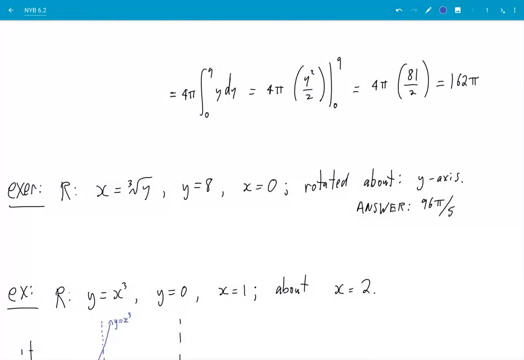Now I'll do an example with a different flavor. Now we're rotating not about the x-axis, not about the y-axis, but about the vertical line x is equal to 2. Here's my region, bounded by 3 curves this time.